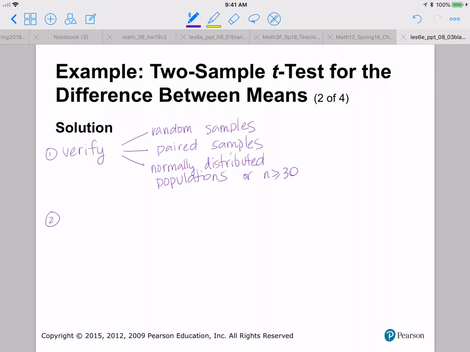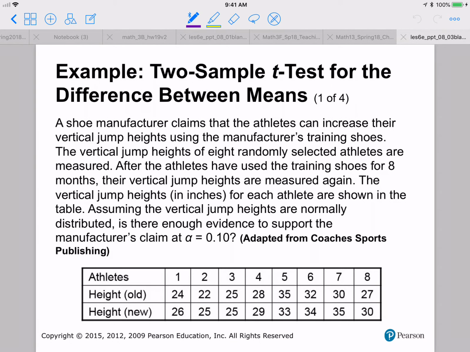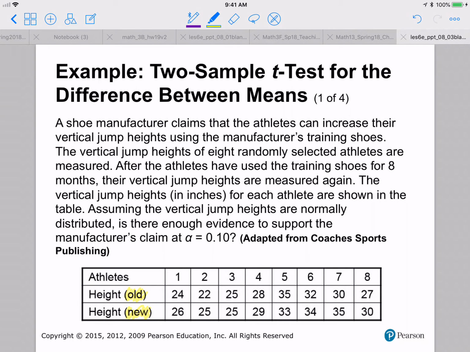Clearly the data is paired because we're in the classic situation of working with before and after, right? So the old height can be considered before, and the new height can be considered after. Okay, so we are working with paired samples. What about random samples? 8 randomly selected athletes. So our samples are random.